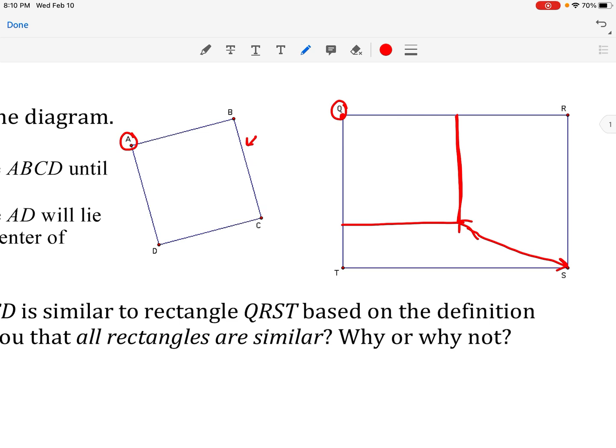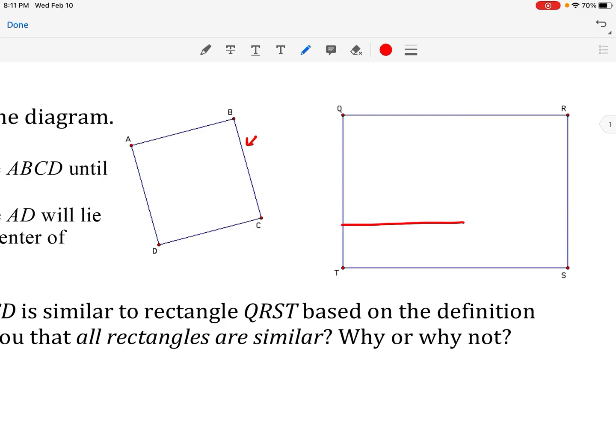So what do you think? Does that mean they're going to be similar? If I use dilation, is that going to work? If I dilate that all the way out to the corner? The answer is no, actually not, because in a dilation, this side right here has to be dilated by the same scale factor as this side. So if I try and stretch this out onto the bigger rectangle, I have to stretch farther this way than I do this way, and that's just not going to work out.